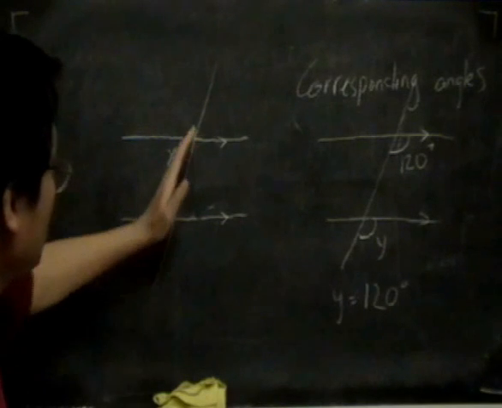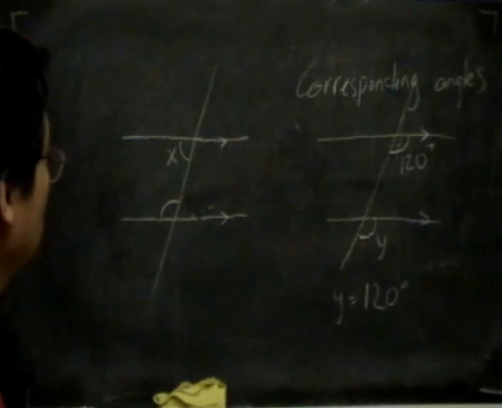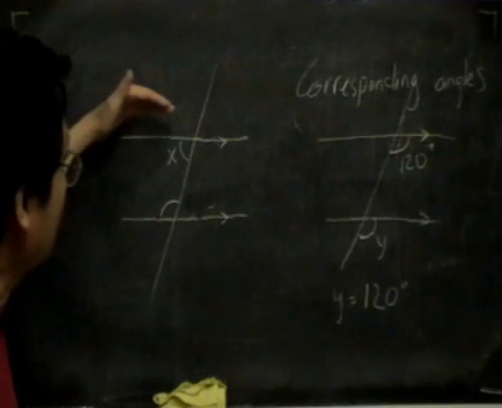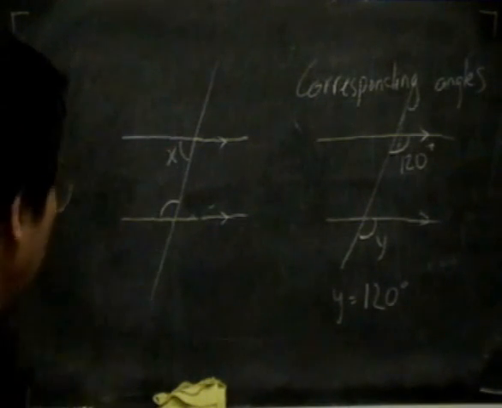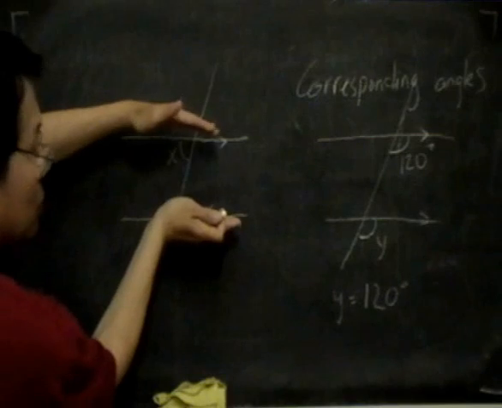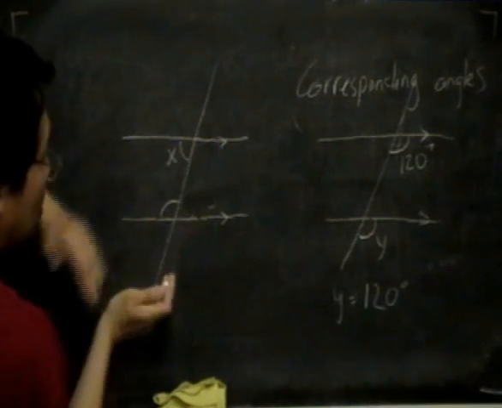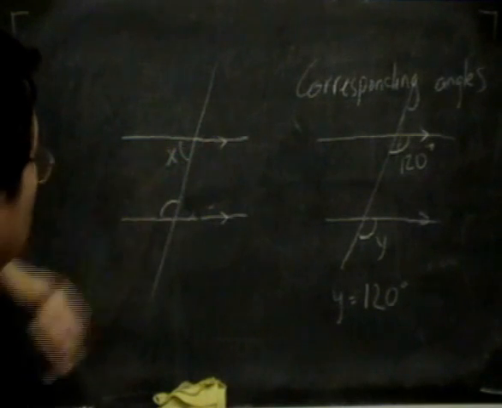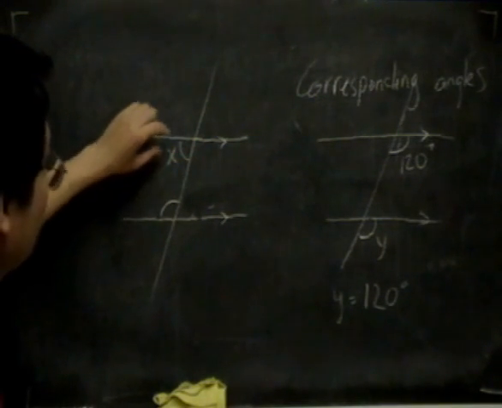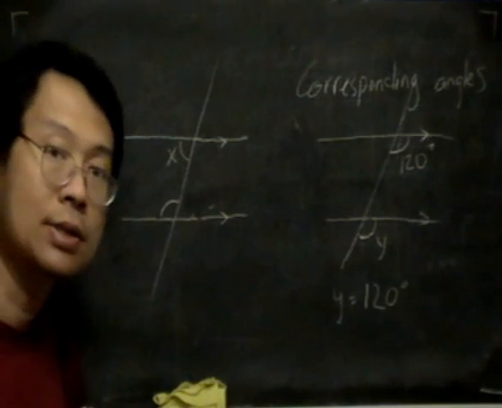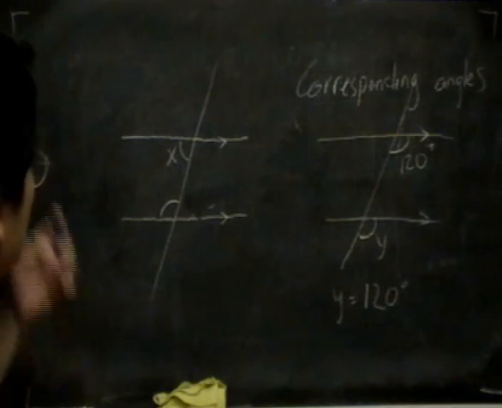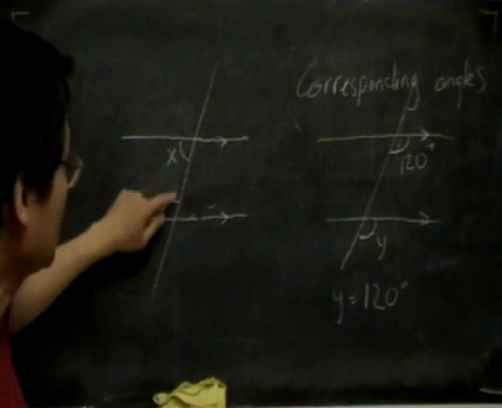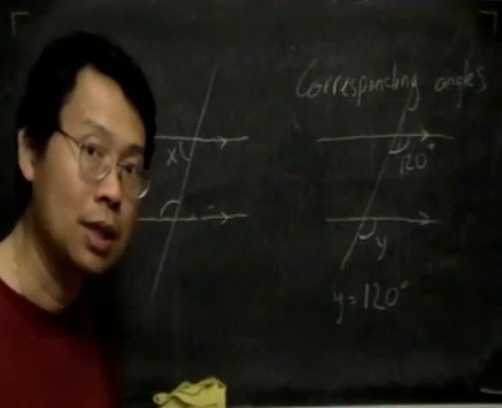So these are on the same side of the slanted line, and they are sort of on the inside of these two parallel lines, on the inside part. So there is a property for those two angles. The property is that the sum of these two angles is equal to 180 degrees.